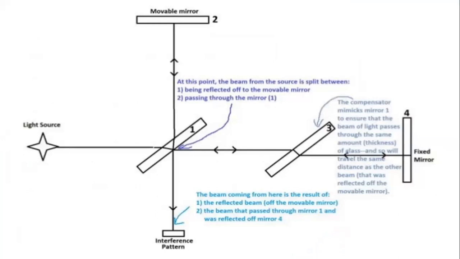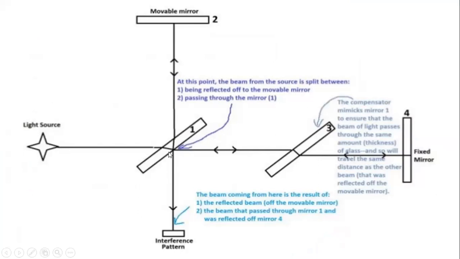This is the basic diagram of the Michelson's interferometer. This is the light source, and this is the beam splitter, in which the light source rays are split into two parts. One goes to the movable mirror, and the second to the fixed mirror.